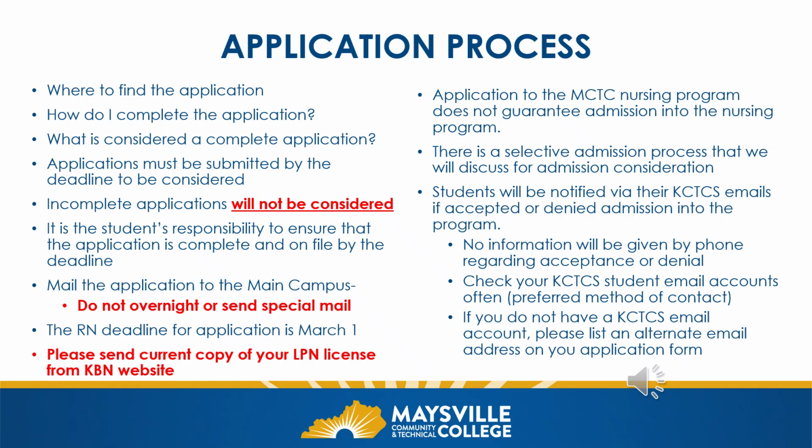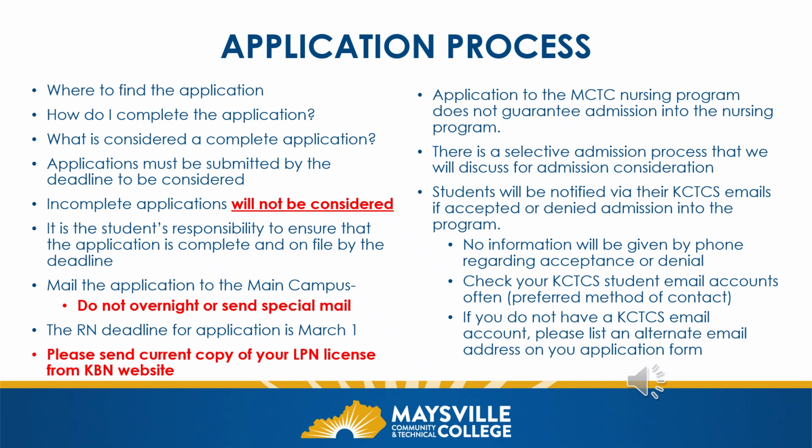Students will be notified via their KCTCS emails if they are accepted or denied admission into the RN program. No information will be given by phone regarding acceptance or denial. It will come to your email. If you do not have a KCTCS email, please list an alternate email address on your application form.